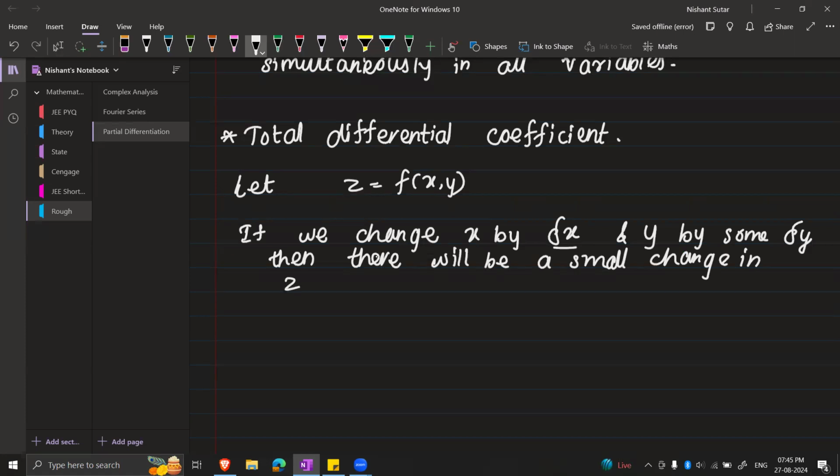I will call this delta z. So corresponding to the changes delta x and delta y, I will have a change in z, say delta z.